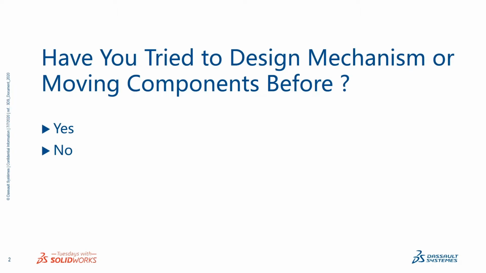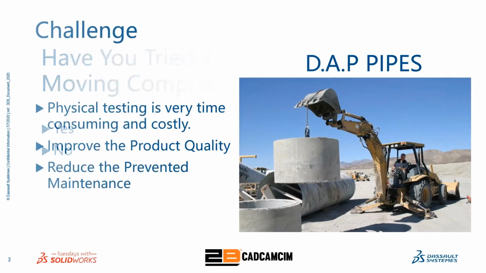In this webinar, if you are looking at how to solve your mechanism and how to test whether this mechanism will withstand the boundary conditions or not, this webinar is your solution. We are going to discuss a case study, a challenge with DAP pipes. They wanted to design a pipe holder to hold and lift pipes of various diameters and move them from one place to another.